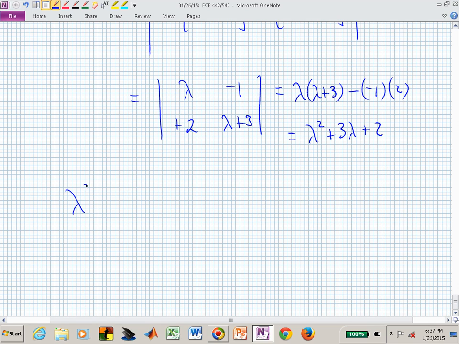We have lambda squared plus 3 lambda plus 2 equaling 0, which factors into the lambda plus 1 factor and the lambda plus 2 factor.